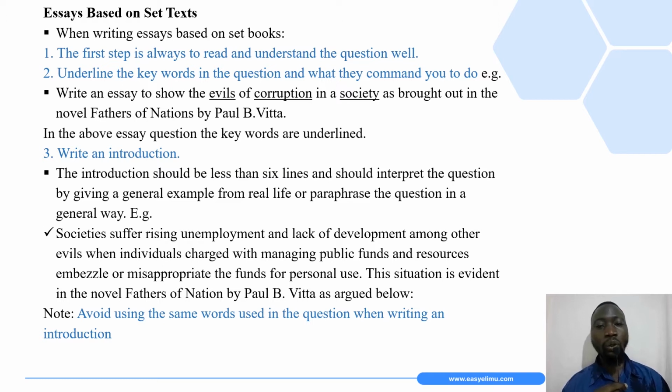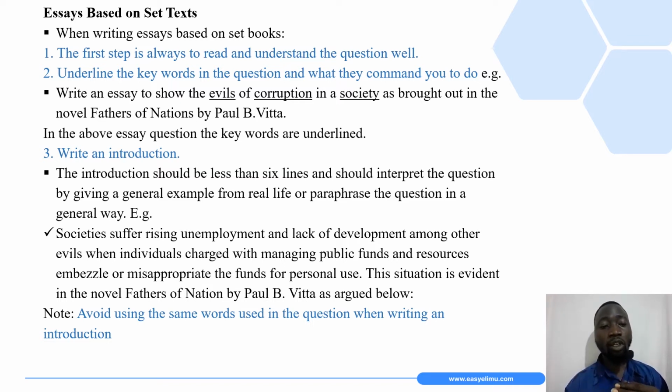Either you interpret the question in a general way, that is by looking at what happens in the society, for example, to what happens in the texts. Or another way, which is the easiest, is to give a paraphrase of the question, but in a general way. So to paraphrase is simply to reword.